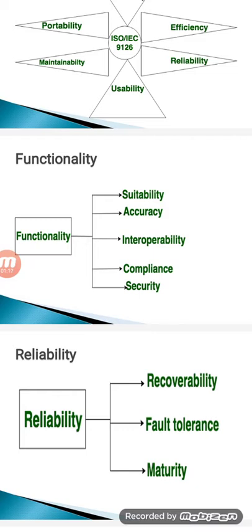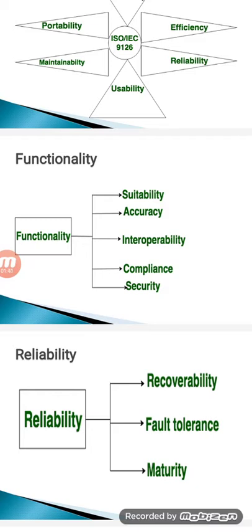When you talk about functionality, it should comprise certain functions. The required functions are suitability, accuracy, interoperability, compliance as well as security. Suitability means whatever the user is expecting, the functions which we are creating should suit the need.